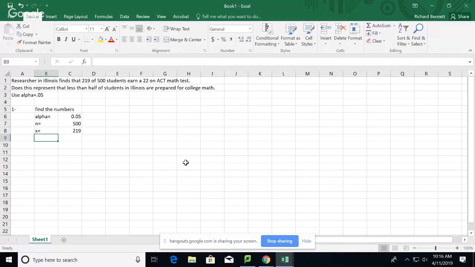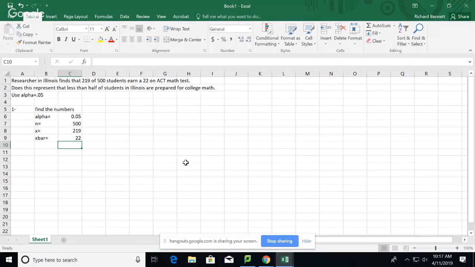Is the 22 useful? It would be X bar. Is that X bar? What does 22 represent? No, 22 represents whether you pass the math test or not, right?